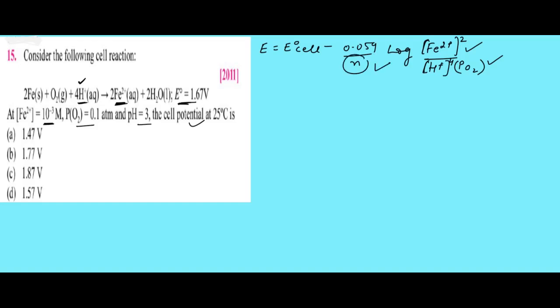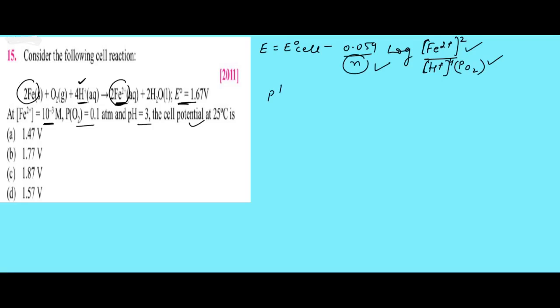You can see that on left hand side the charge on iron is 0, and on right hand side the charge on iron is 4. That means there is an increase of 4 charge. It means the number of electrons transferred would be 4. So n is given, ferrous ions given, pressure given, only H plus ion concentration is missing.